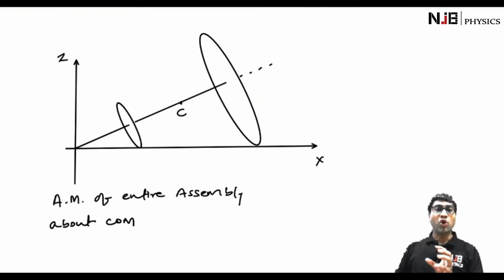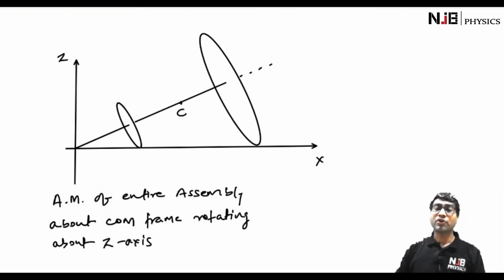Now see, we can also visualize it in an alternate way. We are trying to calculate angular momentum of this entire assembly about the center of mass, and the frame that we are choosing is also rotating about the z-axis, with angular velocity omega by 5.